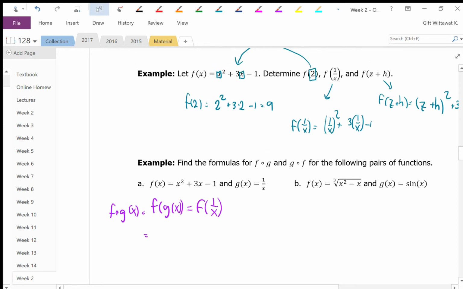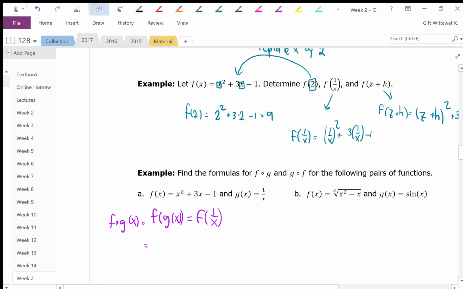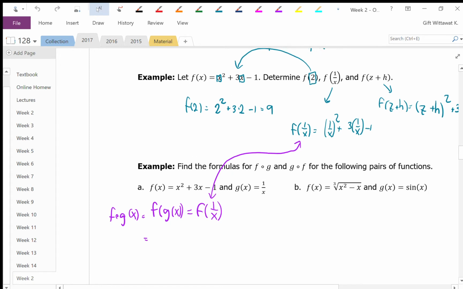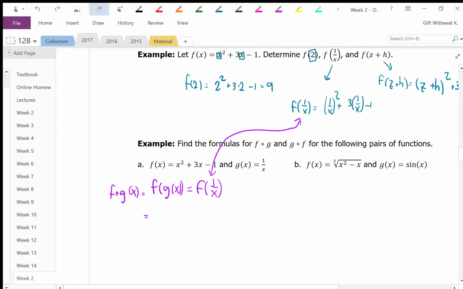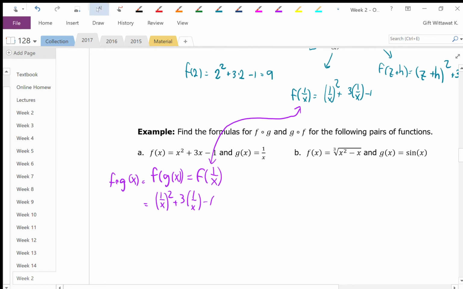I just do the same thing that we did in the other example. In fact, this f of x is the same function that we had in the other part. So my f of 1 over x, again, is going to be (1 over x) squared plus 3 times 1 over x minus 1. So that's what I have.